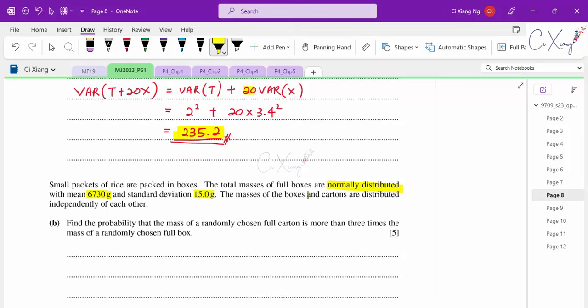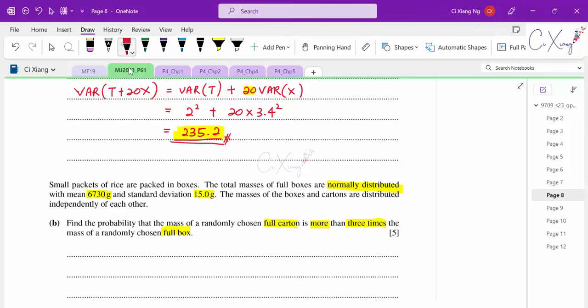First of all, they want us to find the probability that the mass of a randomly chosen full carton is more than 3 times the mass of a randomly chosen full box. Let us look at how to solve this.